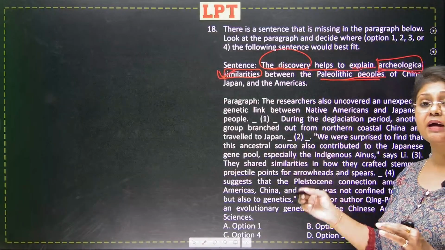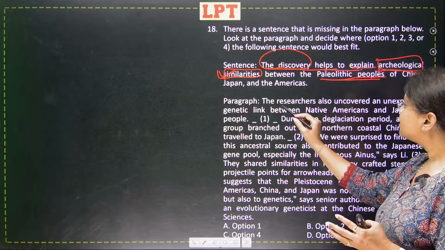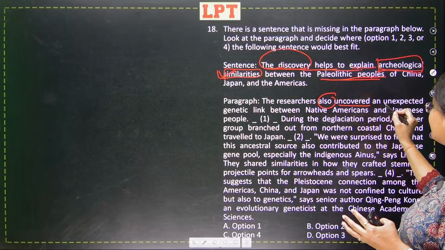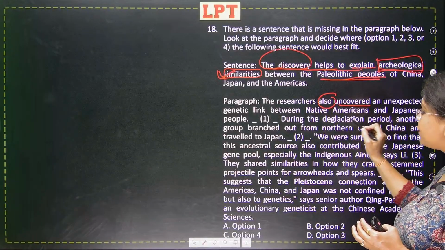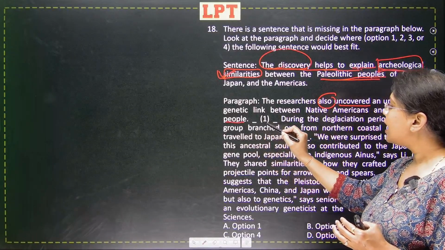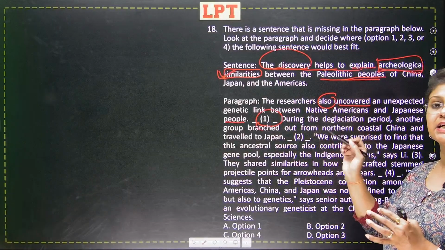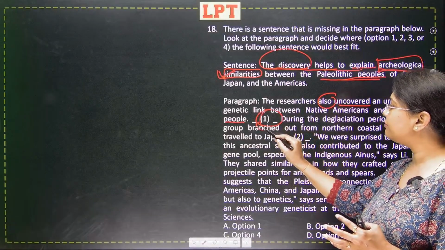Let's read the paragraph and try to make sense of which blank it would fit in. It says, the researchers also uncovered an unexpected genetic link between the Native Americans and the Japanese people. If you try to put it over here, if I say the discovery, well, this just mentions the researchers, it does not mention a discovery. So probably one cannot be the answer.